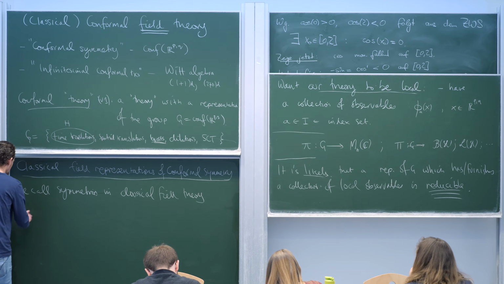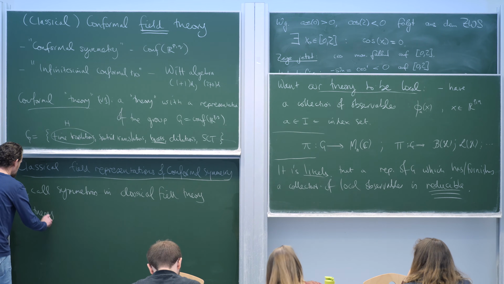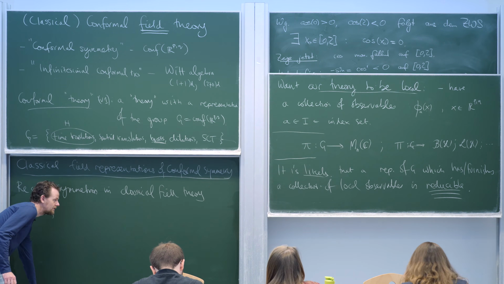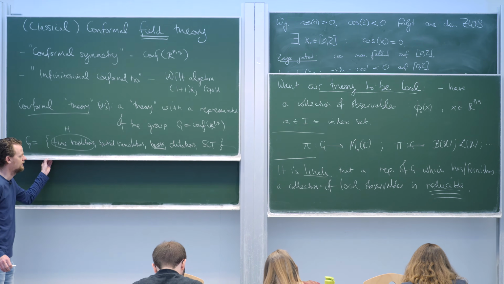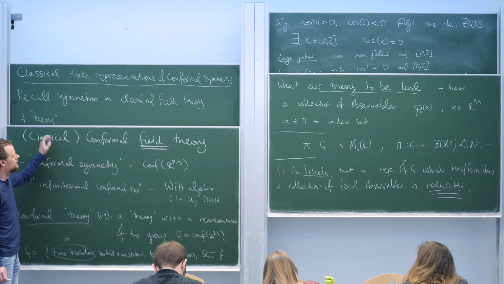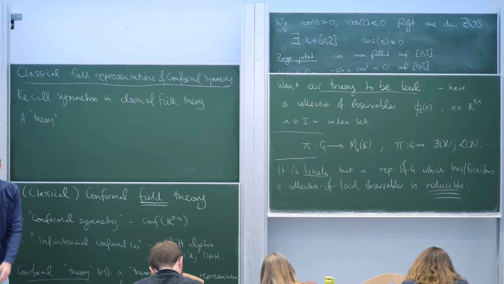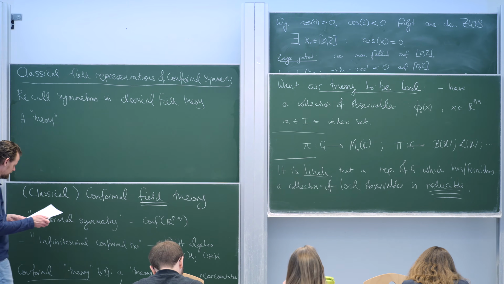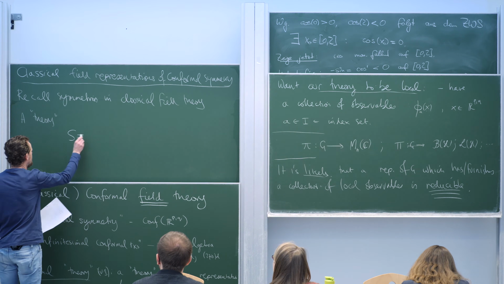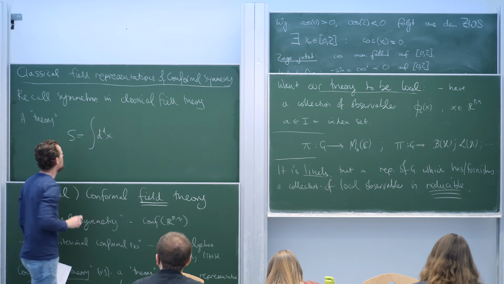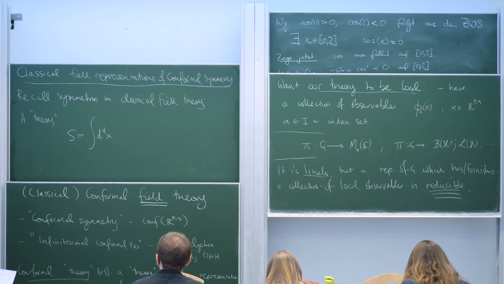A theory here is now a highly restricted definition. In classical field theory, the word theory is much more constrained in its definition than the one I gave up there, because we make a huge number of additional assumptions when we say we have a classical field theory.